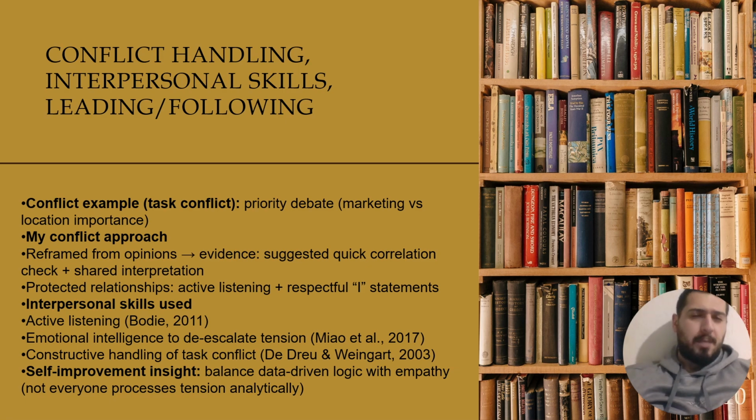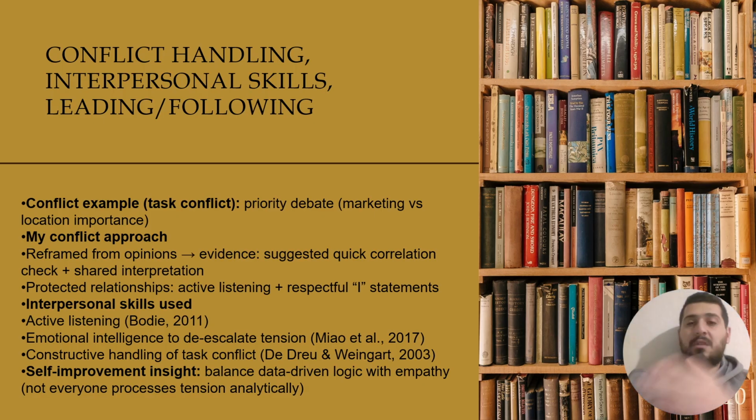My approach was to reframe the discussion from opinions into evidence by proposing a quick preliminary correlation check and then interpreting what that evidence can and cannot tell us. This shifted the tone from debate to analysis.